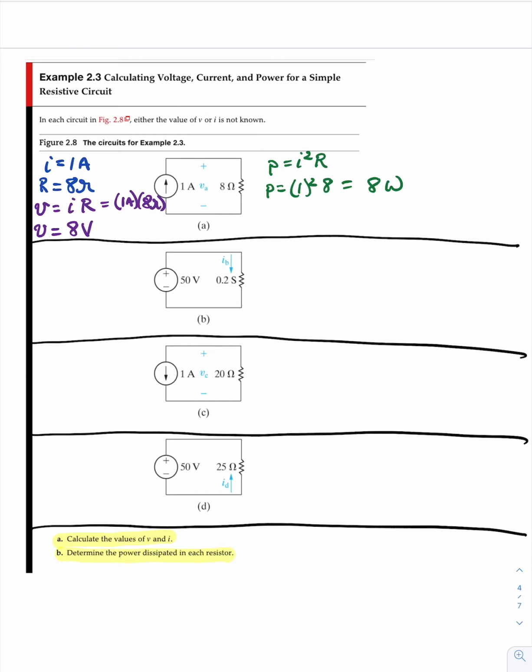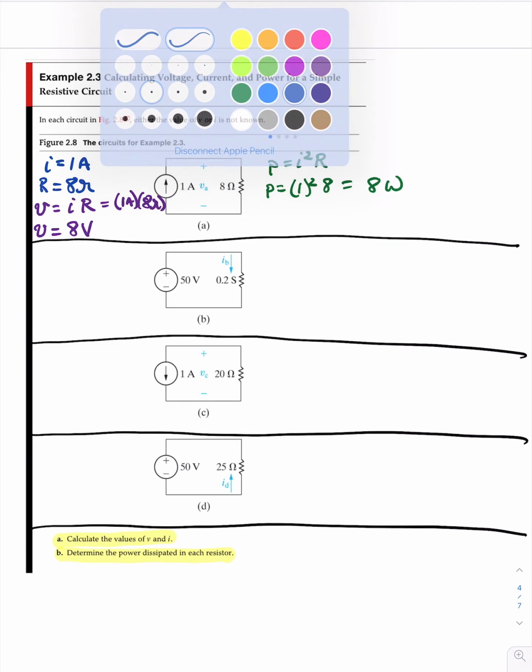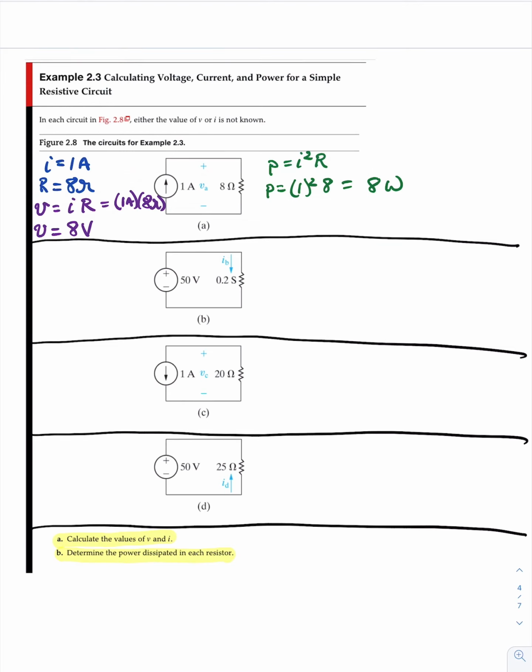All right, let's look at the next problem. We are given voltage. Voltage is equal to 50 volts. And we are given conductance. So G is equal to 0.2 Siemens, which is equal to 1 over R.